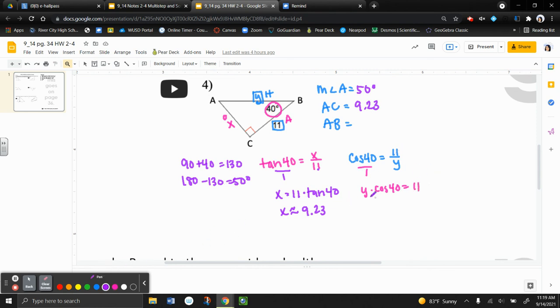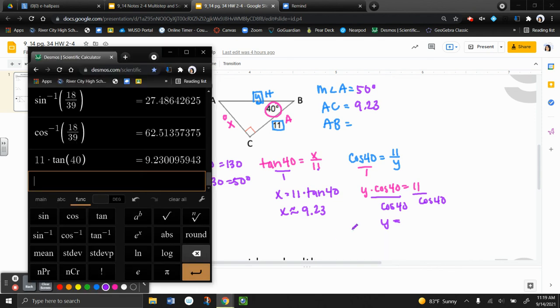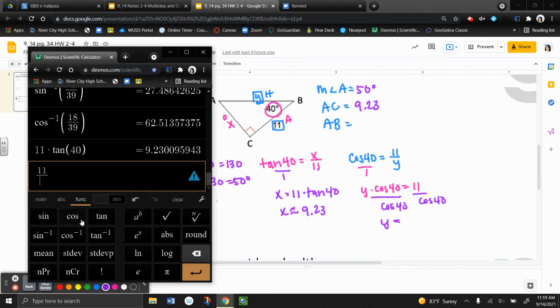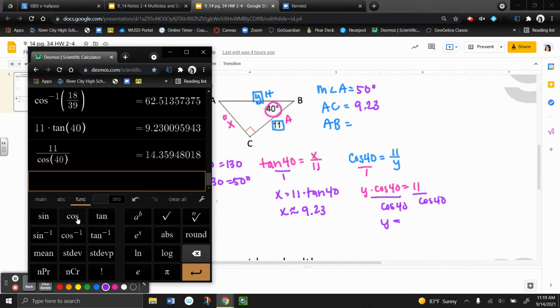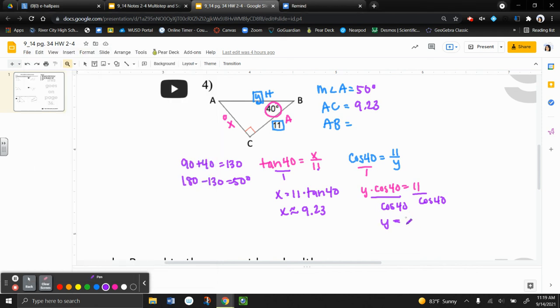And divide both sides by cosine 40. Get 14.36. And then we're done.